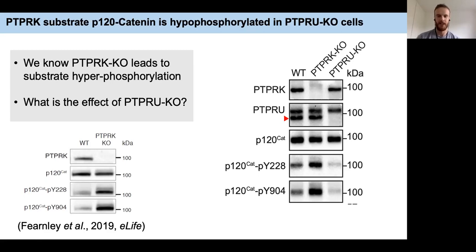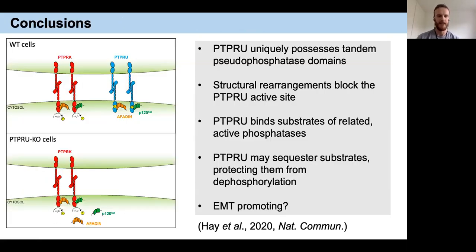This led us to propose a hypothesis where PTPRU can bind protein substrates of related but active phosphatases and act to sequester them away from the active phosphatases and protect them from dephosphorylation. So when PTPRU is no longer there, you're freeing up more substrate for dephosphorylation by active phosphatases.